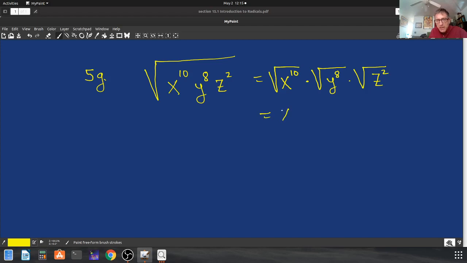Well, that's going to be equal to x to the 10 divided by 2 times y to the 8 divided by 2 times z to the 2 divided by 2. So this property of dividing by 2 only works when the power is even. So the answer written in standard form is x to the 5th, y to the 4th, z.